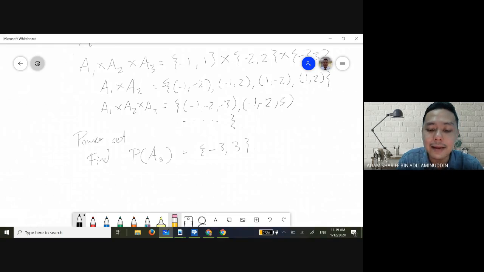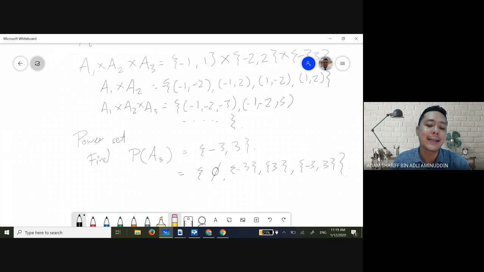Ni A3. So power set dia akan jadi empty set, negative 3, 3 and also itself. Tutup. Kan senang. Nak relate je.